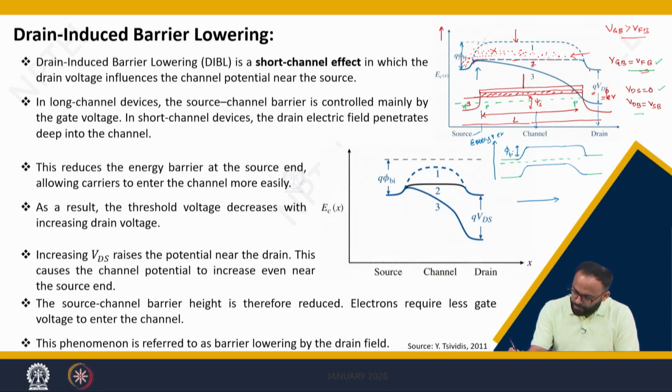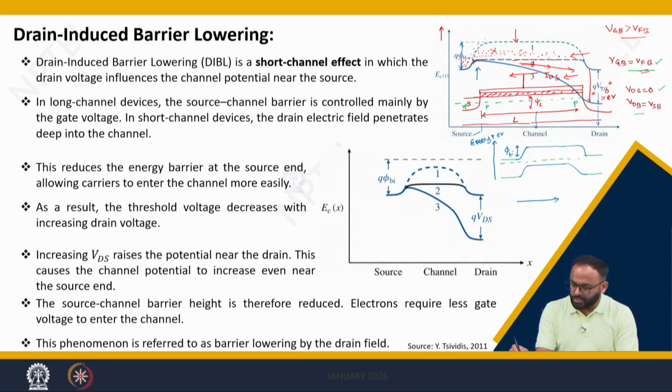The band will get lowered because you are applying a positive voltage, the energy will go lower, and hence this electric field will be transferred in energy to the electron, or in other words the electron acquires energy because of this field, and ultimately it will roll down and reach the drain. This gives rise to a current IDS. That is what we have already discussed when we were discussing the basic fundamental current flow in a MOSFET.